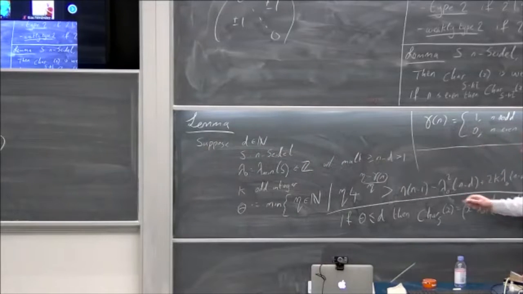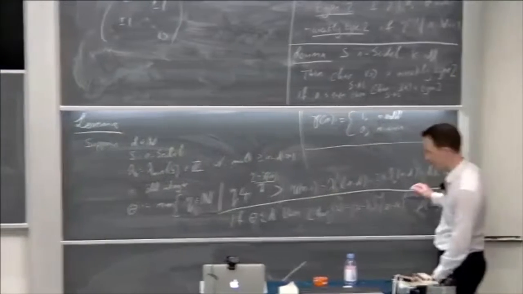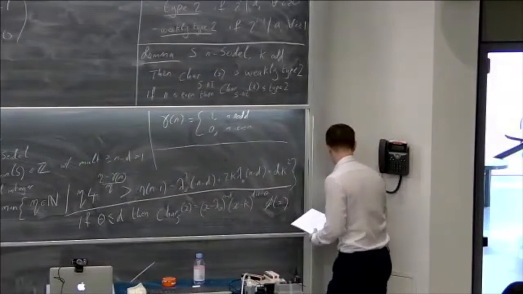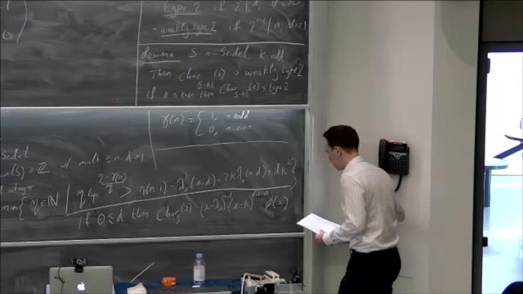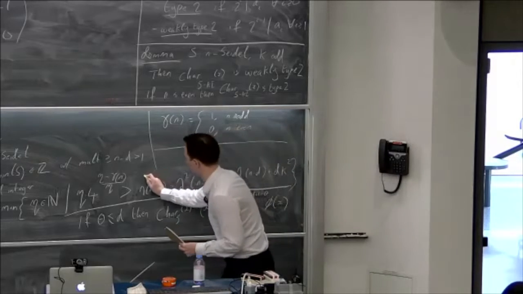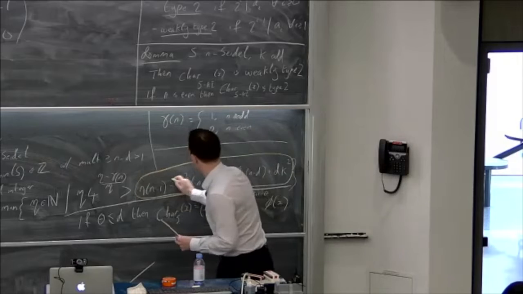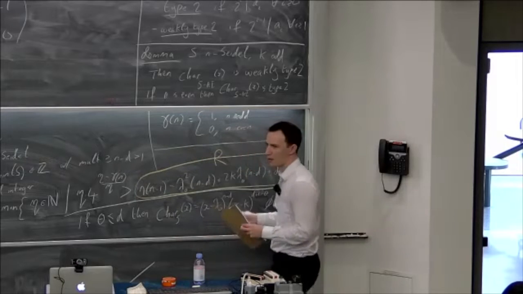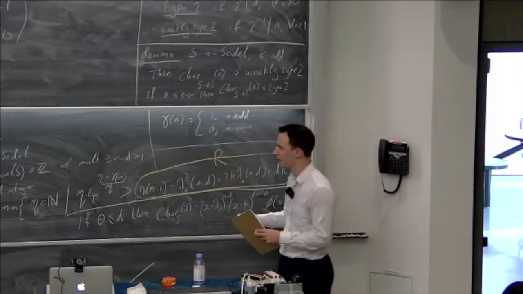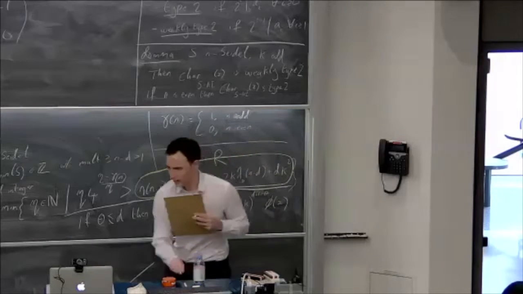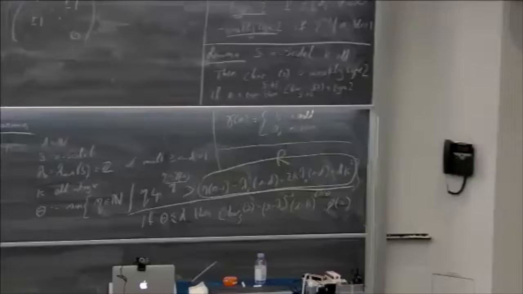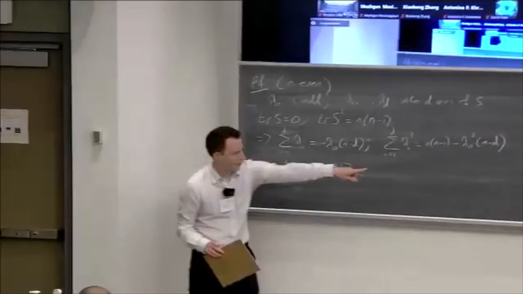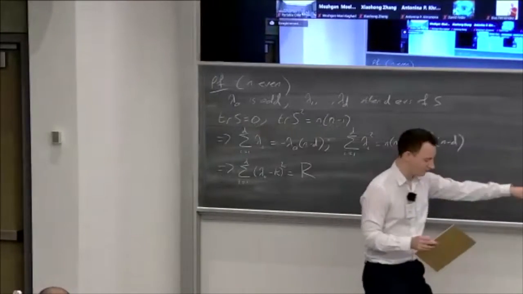If you work it out, you get this quantity here. I want to highlight this, so I'll put a circle around it and call it R. I use capital R for this quantity so I don't have to rewrite it. So that's where this quantity is coming from.